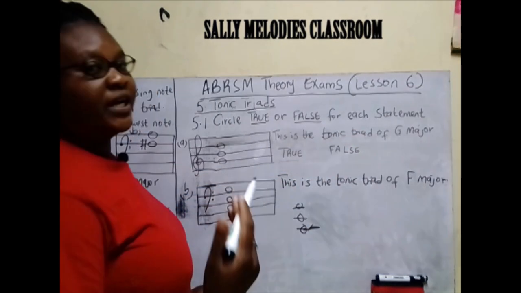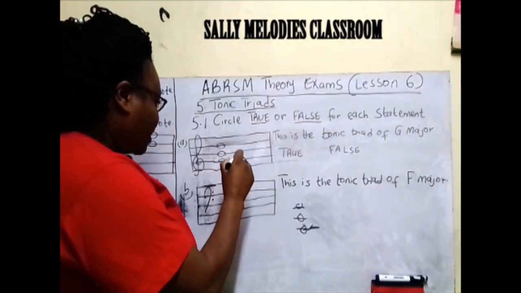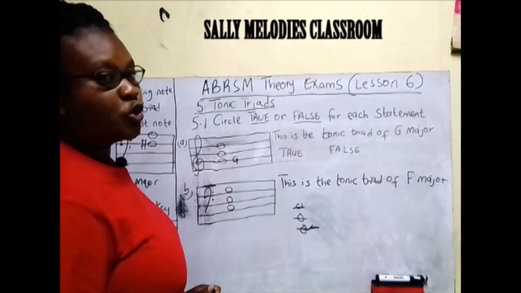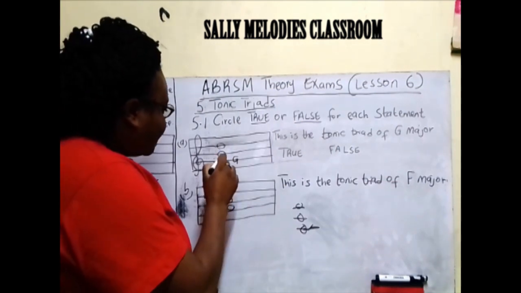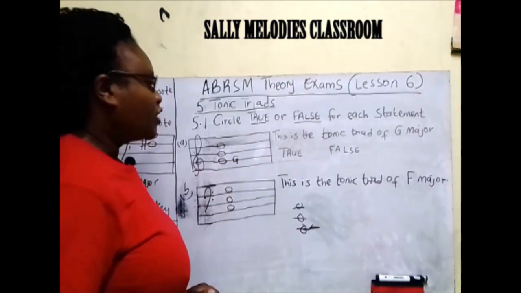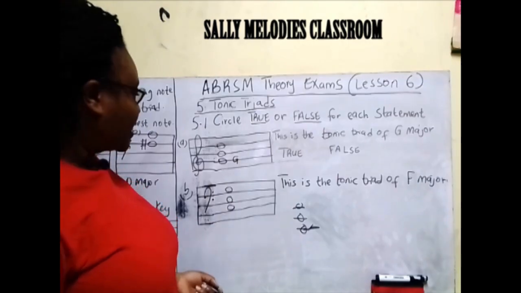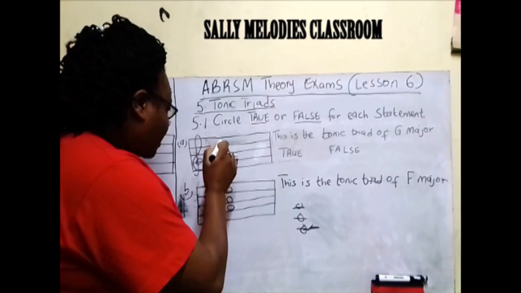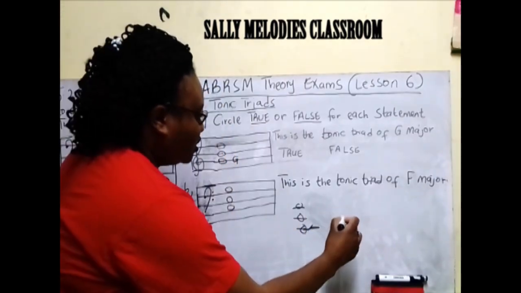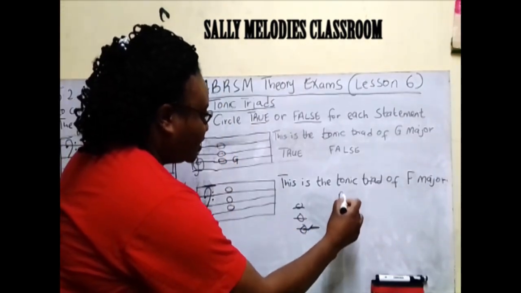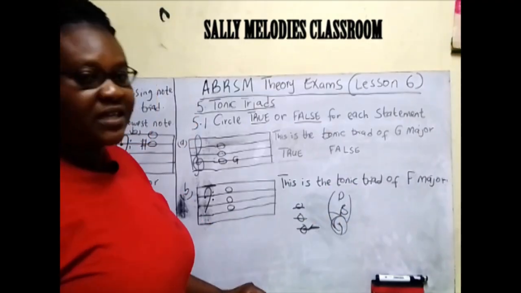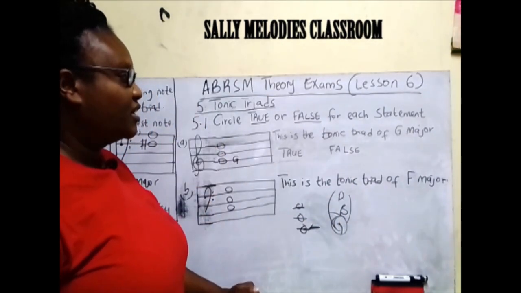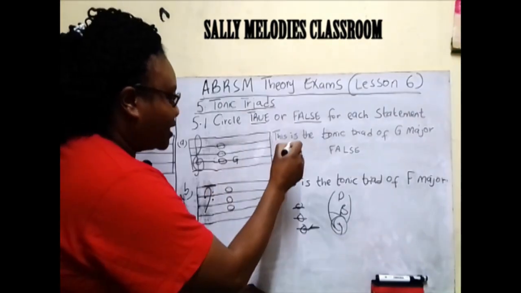This is G. Even without looking at the other two, the lower note has already given you the answer. So this is G, this is B, this is D. G, B, D. That is the tonic triad of G. The lower note is the one that determines the name of the triad. So your answer is true.